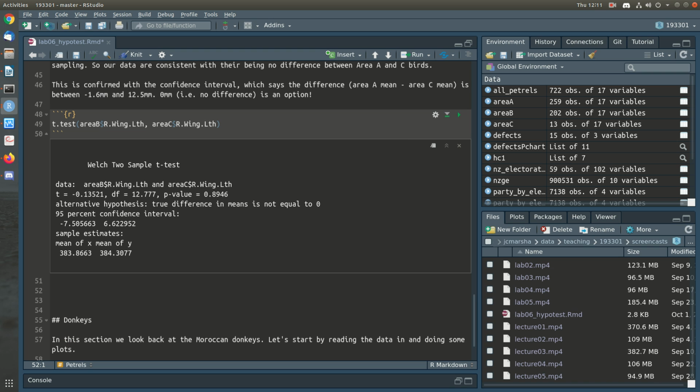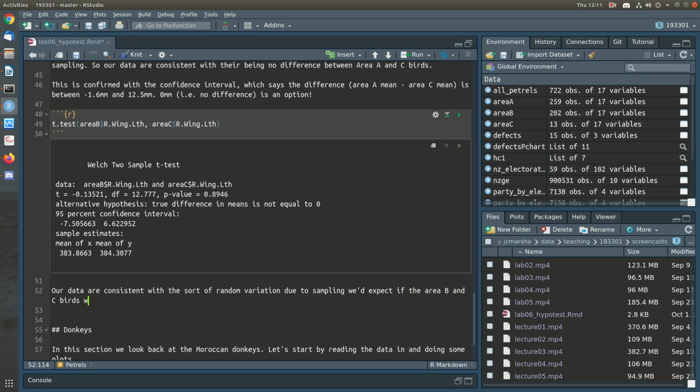So our conclusion would be our data are consistent with the sort of random variation we'd expect if the area B and C birds were similar, had the same mean right wing lengths.